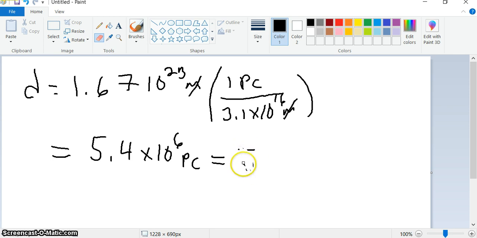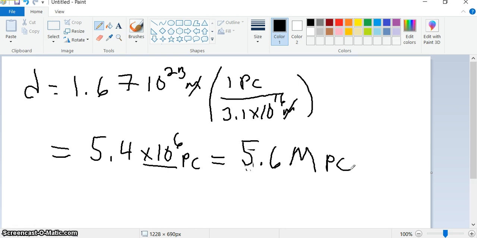Sorry about that. I'll be done in just a second. All right, so it becomes 5.6, and instead of writing times 10 to the 6, we usually write mega, capital M, megaparsecs. So this is well outside of our galaxy, a very good distance from our galaxy.